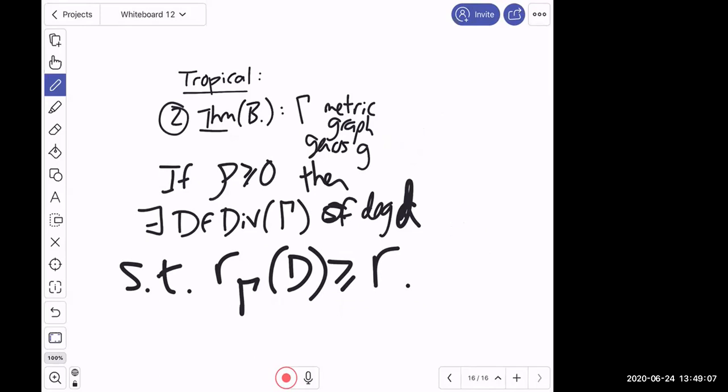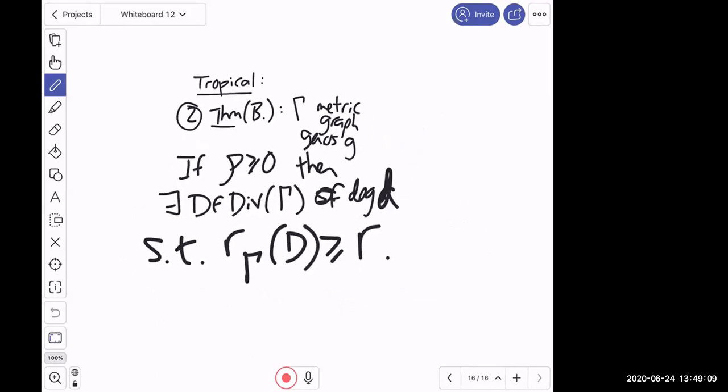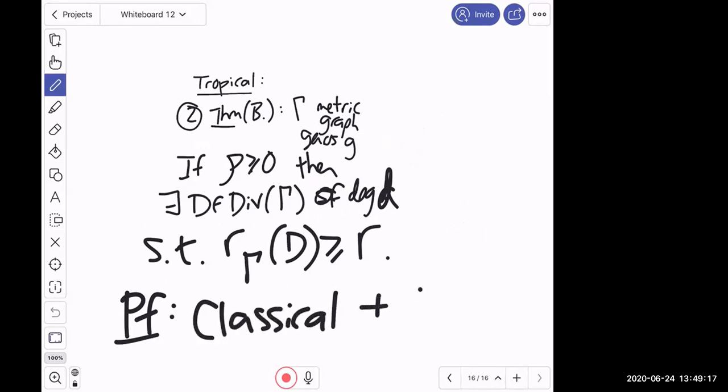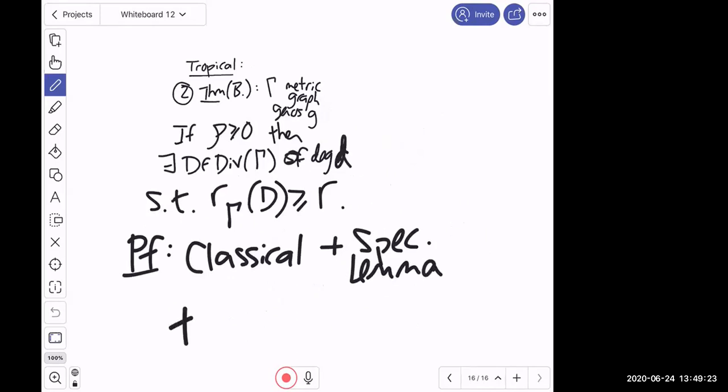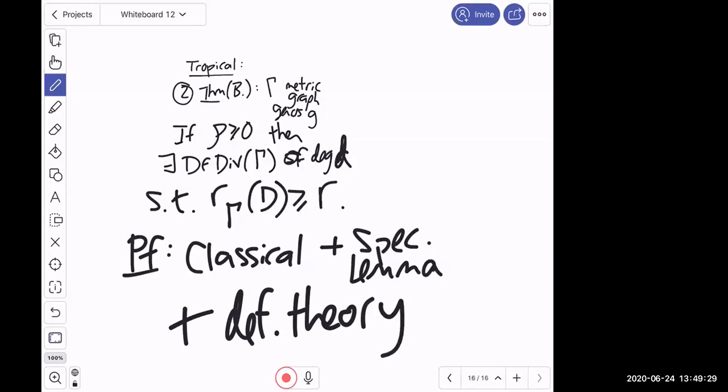And what's interesting here is the proof is to use the classical theorem plus the specialization lemma plus a deformation theory argument, which shows that every metric graph can be realized as the dual graph of some model of some curve.